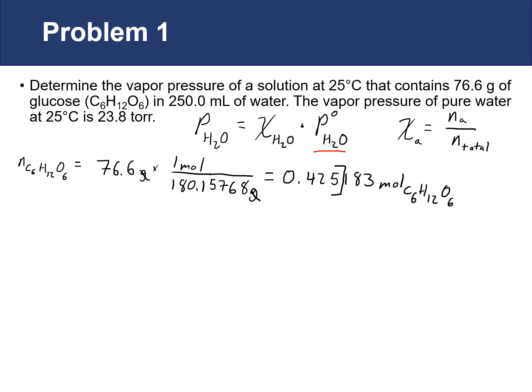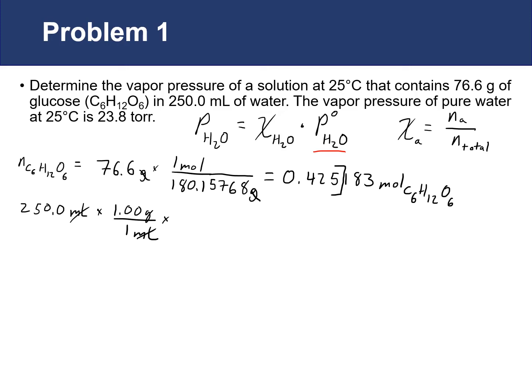Next, determining the number of moles of water that we are working with, we'll take 250.0 milliliters. The density of water at 25 degrees Celsius is very close to 1 gram per mil. So we'll multiply this by 1.00 gram per 1 milliliter. Our milliliters cancel out.